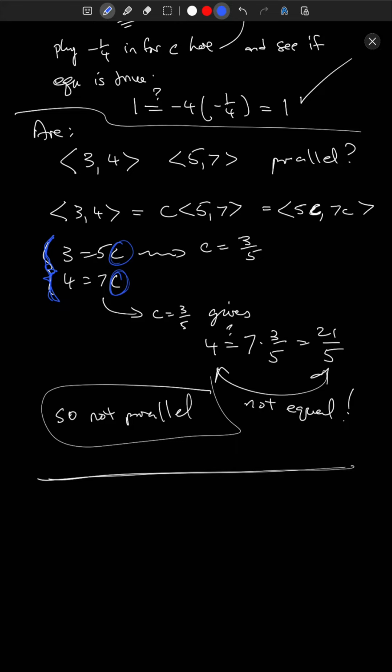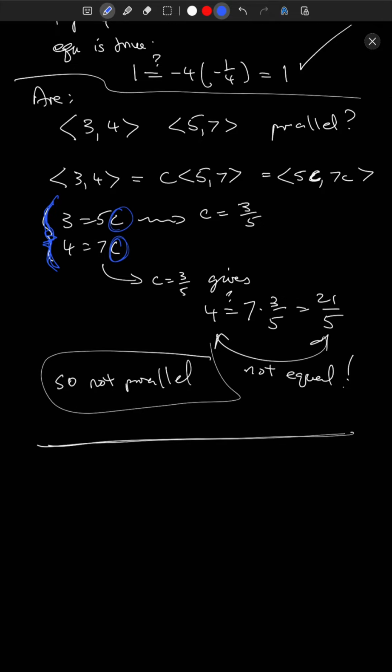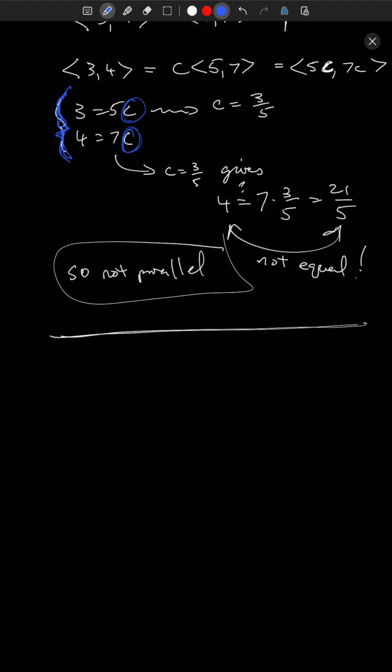If you just close your eyes and randomly pick two vectors, they're generically not going to be parallel, because for them to be parallel, the two equations and one unknown have to match up perfectly with each other. That makes sense: if you literally close your eyes and draw two vectors, they're almost certainly not going to be parallel to each other.